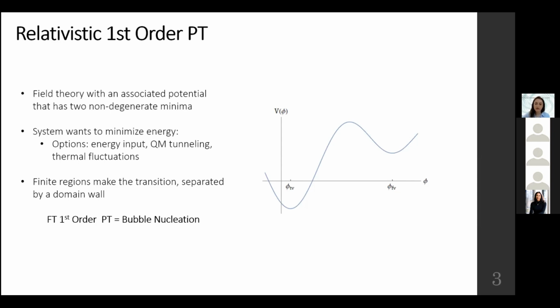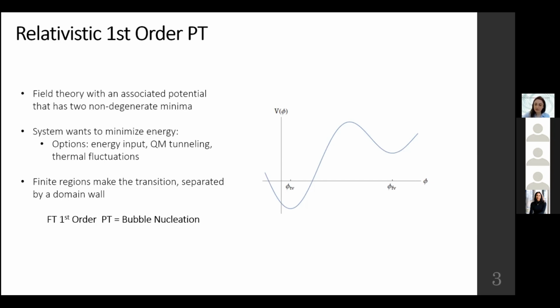Now, when the field transitions into this lower energy vacuum state, it does so locally at a point. So at random somewhere in the space, you get this new phase of your theory, which, like I said, has a lower energy density.